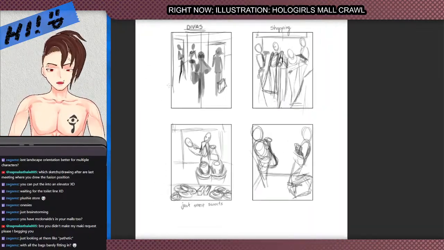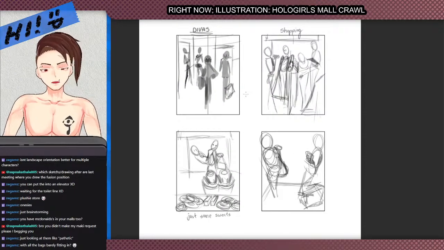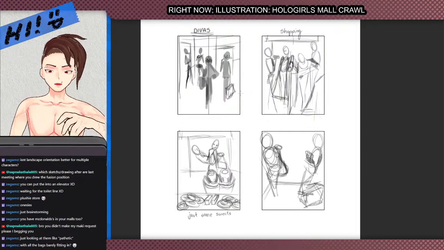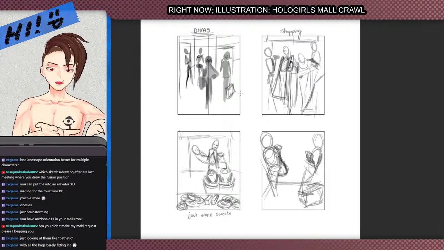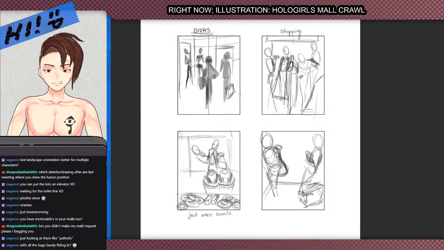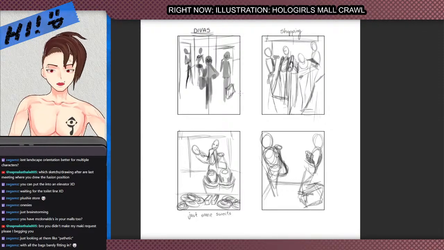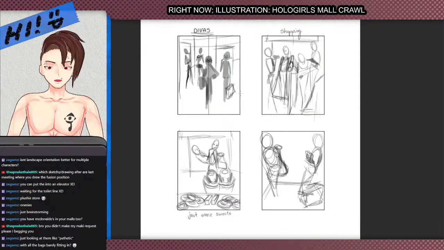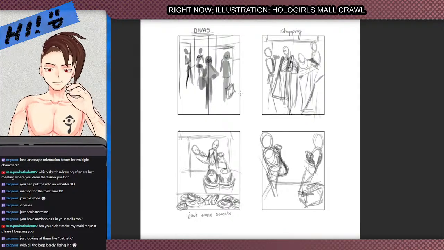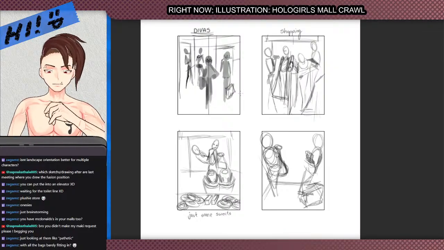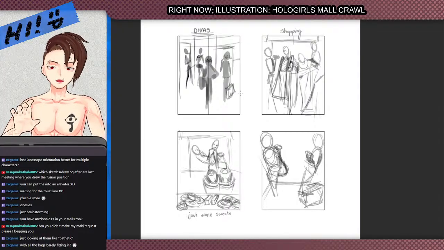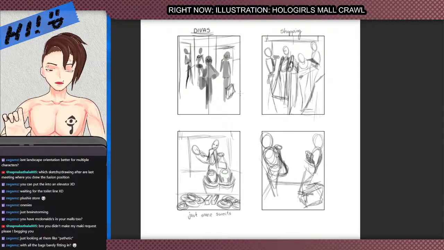Then there would be Nerissa, who would always get some fancy clothing, and Shiori also. Those two would be around some fancy goth clothing. So that's also a thing to entertain when we are working on illustrations, right?